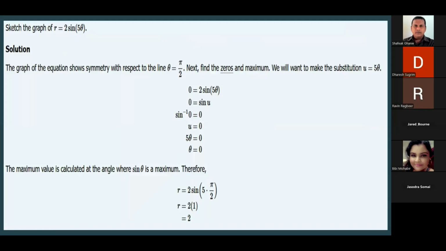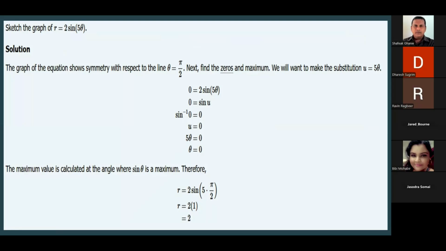Next, we have our next example, where we're sketching the graph of r is equal to 2 sine 5 theta. The graph of the equation shows symmetry with respect to the line theta is equal to pi over 2.